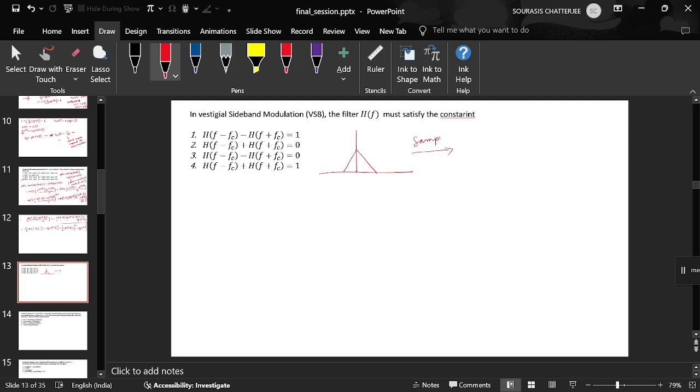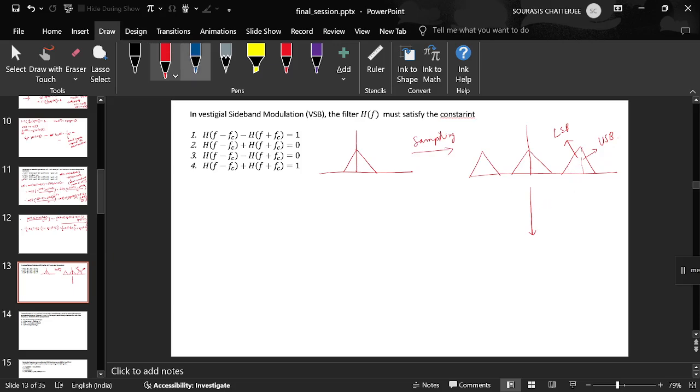After sampling, you get infinitely many copies of the same spectrum, and if you sample at the Nyquist frequency or above, they are not overlapping. In sideband modulation, what you essentially do is pick either the lower sideband or the upper sideband to improve efficiency, because both sides contain the same information, so one is actually redundant.